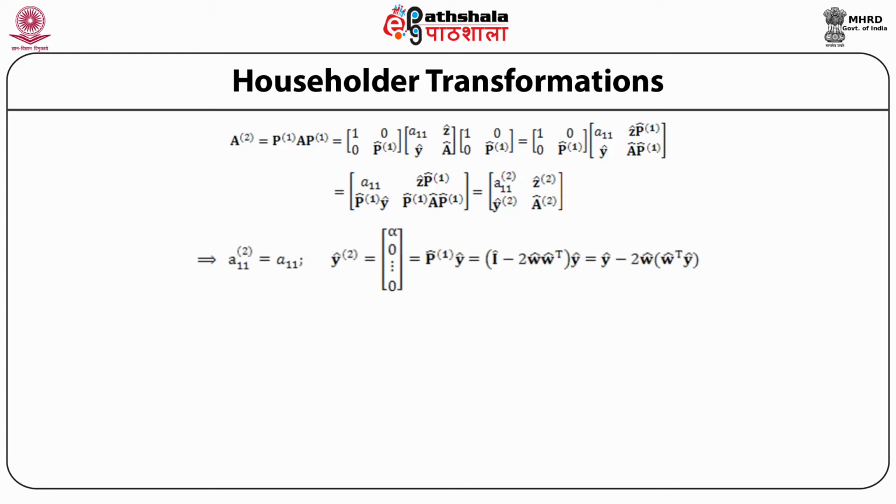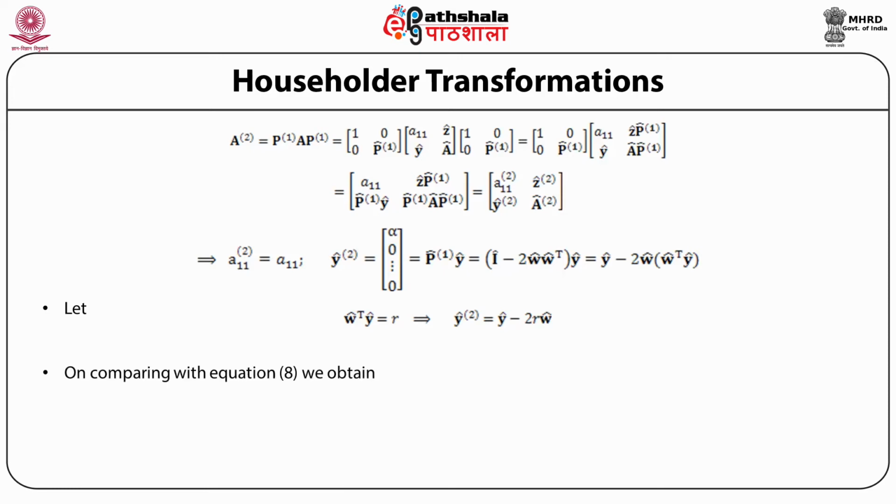So this implies that a11^(2) equals a11, and Y-hat^(2) equals (alpha, 0, 0, ..., 0), which equals P-hat^(1) into Y-hat equals (I-hat minus 2 W-hat W-hat transpose) Y-hat equals Y-hat minus 2 W-hat W-hat transpose Y-hat. Let W-hat transpose Y-hat equal r, so Y-hat^(2) equals Y-hat minus 2r W-hat.